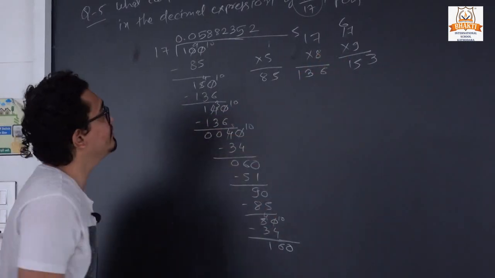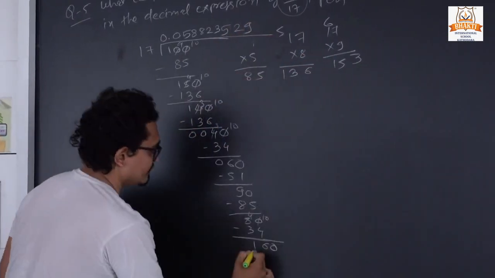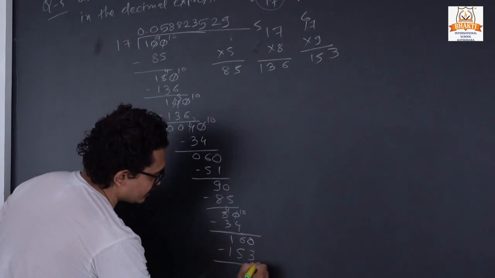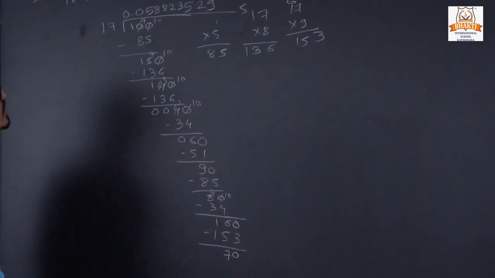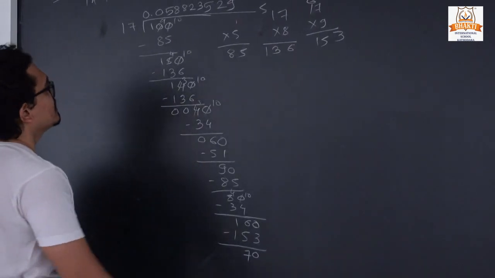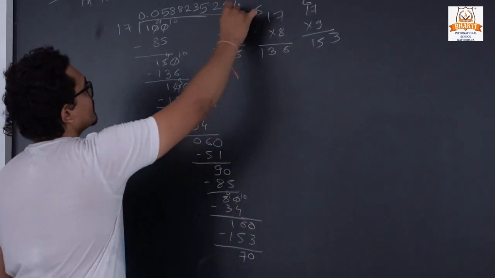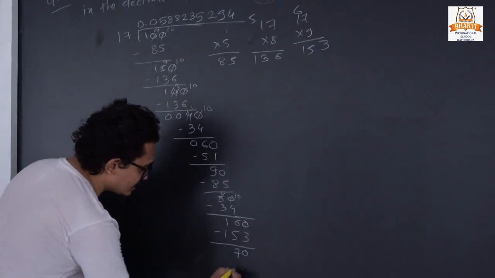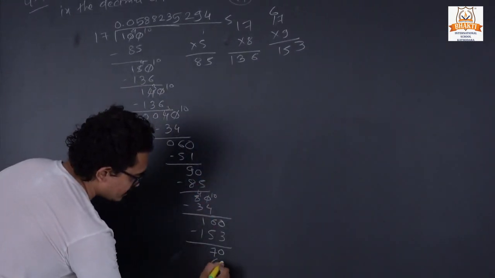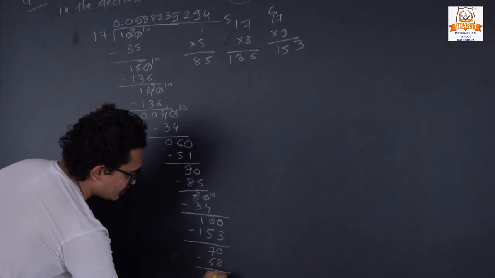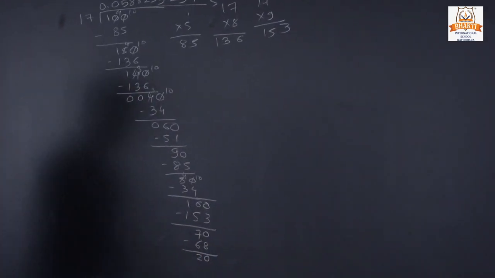Now 9s are 153. So it will be 7. Once again we will put 0. Now 17 4s are 68. So it will be 2. Once again we will put 0.